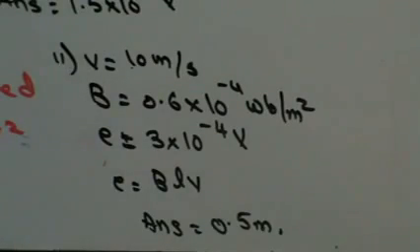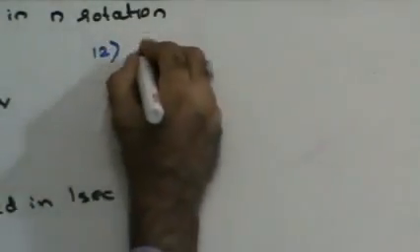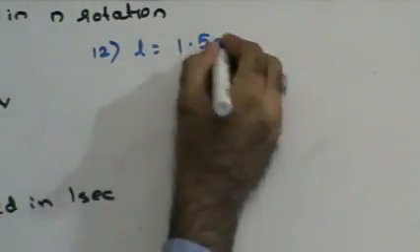The axle of a railway engine has a length of 1.5 meters.